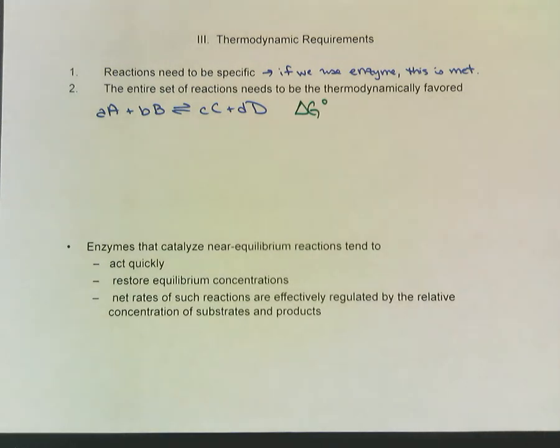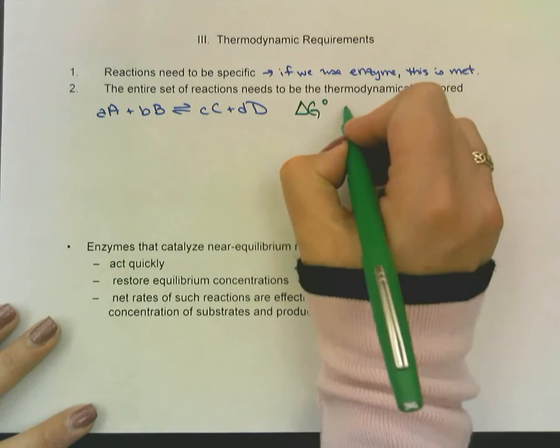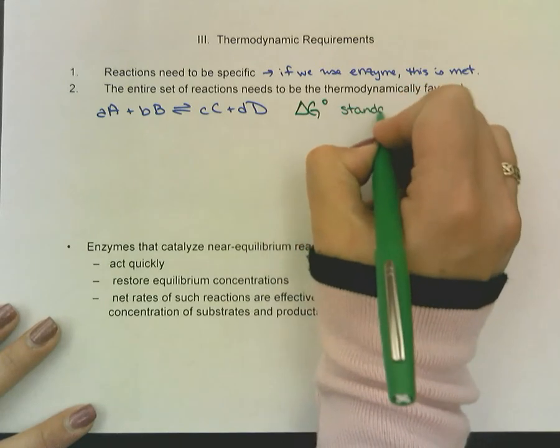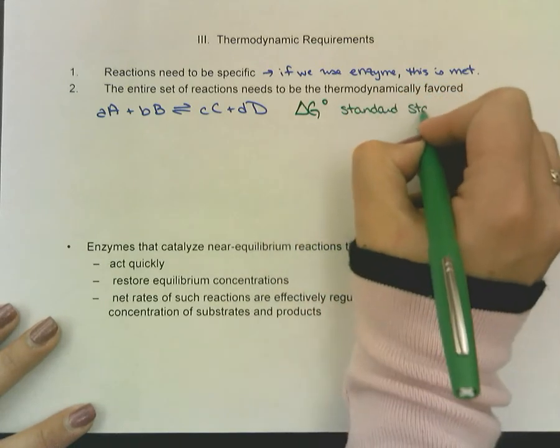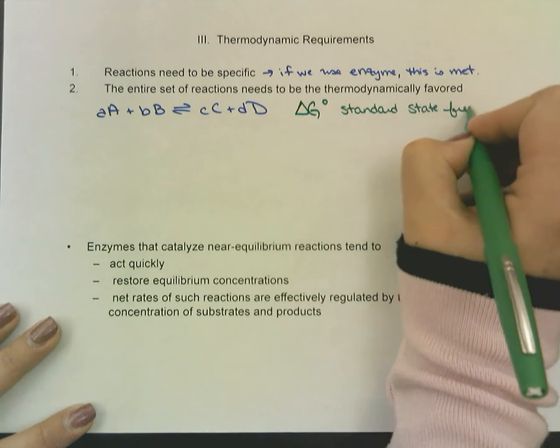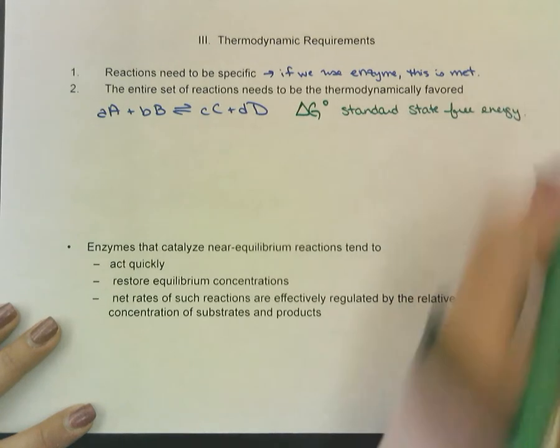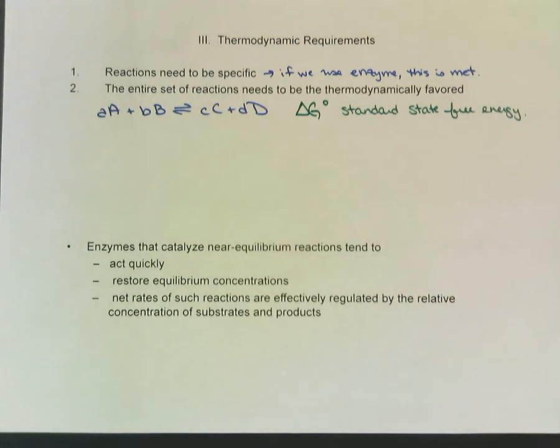You could figure out the standard state free energy, right? That's what the 0 means. If you were in Gen Chem, you could figure this out. So you remember what the standard state is?